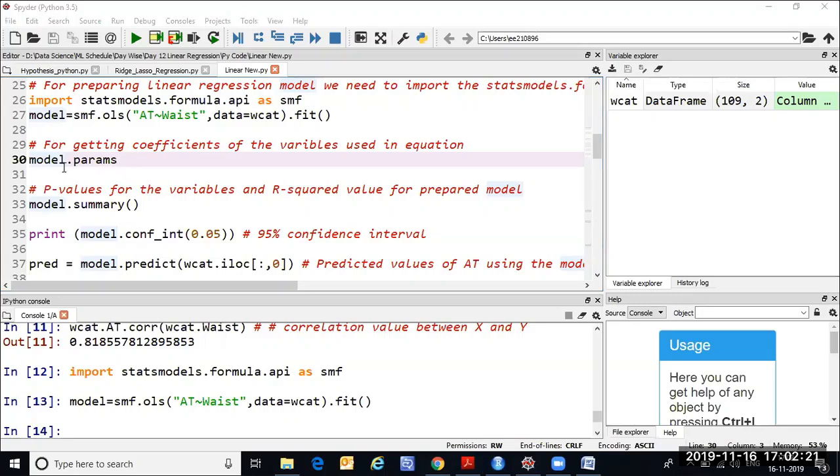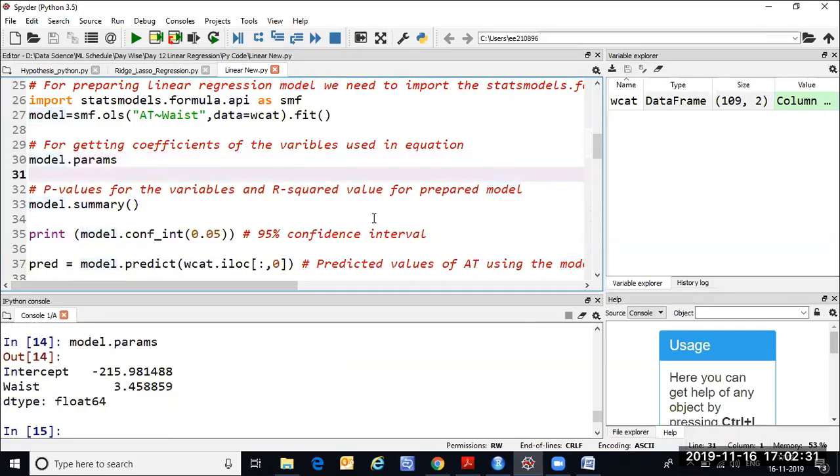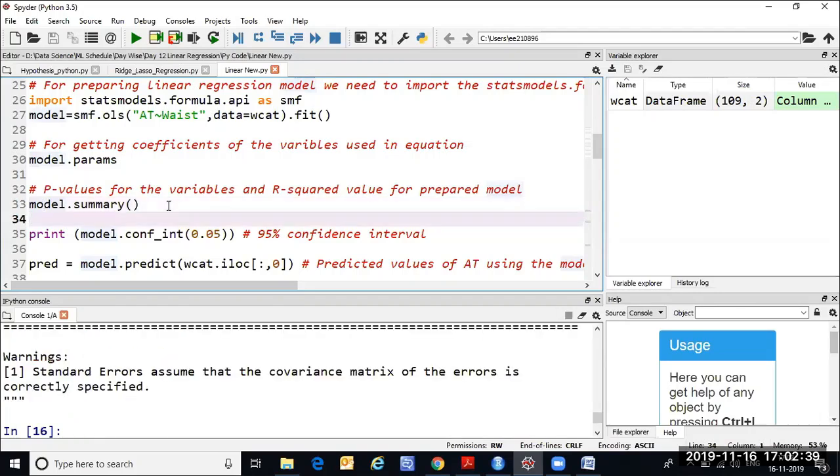Parameters are nothing but the coefficients. To get the parameters, the syntax is the variable into which you have stored the model result dot params. Params is the short name for parameters. So you get beta naught and beta 1 values. And if you do model dot summary, then you get the complete output.